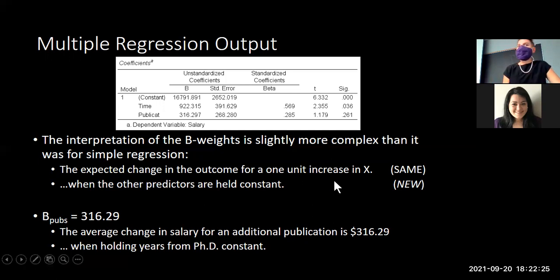That is exactly the same as it was before. But now we also have to say when we're holding constant all of the other predictors in the model. Time going up by 1 unit, resulting in an increase in expected salary of $922, is only valid when publications is in the model and being held constant.